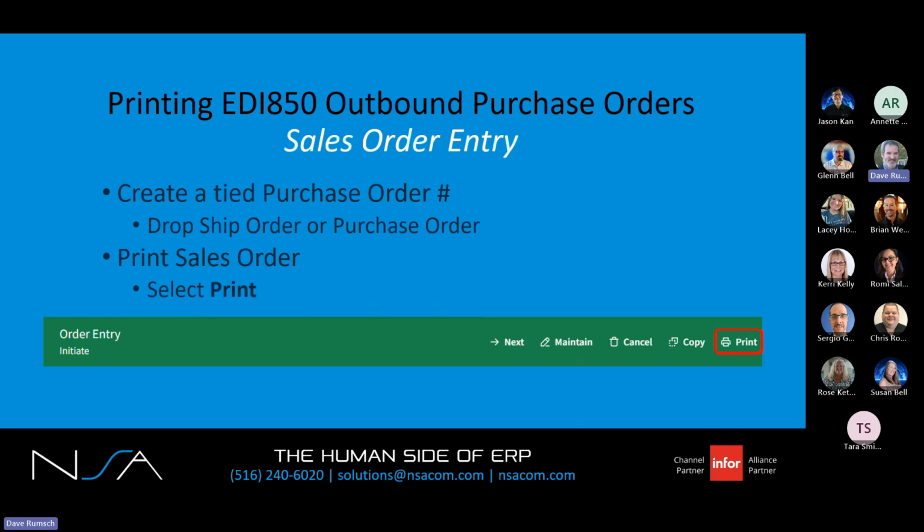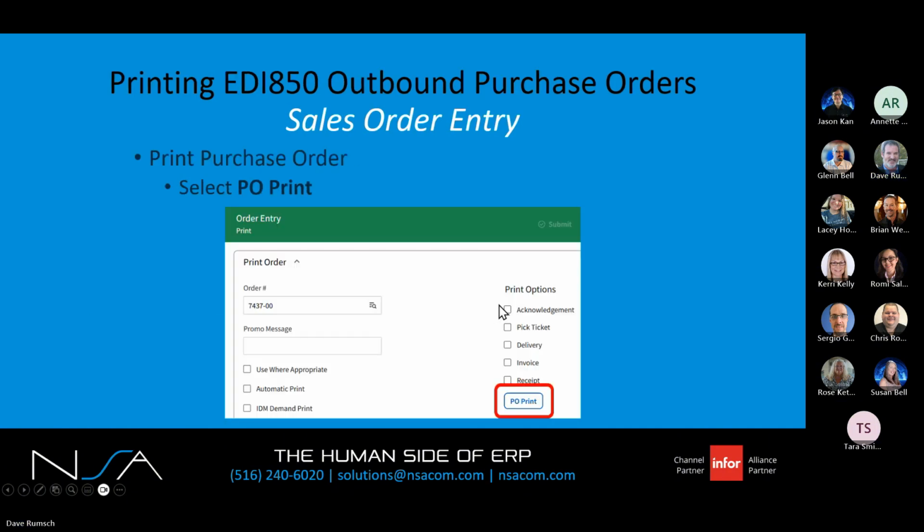and forward it through to the vendor. The second place you can do this is in sales order entry. So I may have created a tied purchase order, either a drop ship or a PO. I go to print sales order. I select my print function. Pops up my sales order print function. At the lower right corner, I can select PO print.